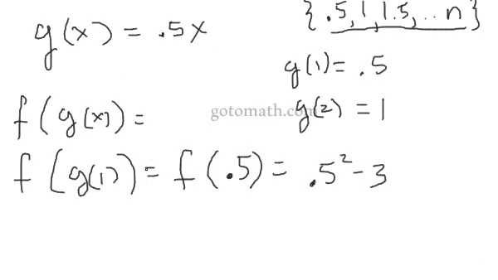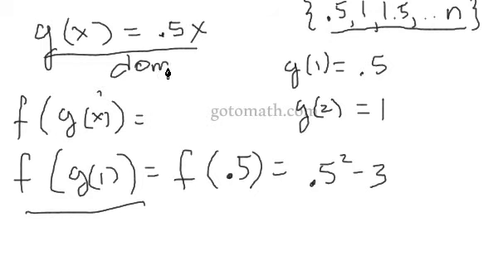Alright. So as you can see here, we're going to use this idea of the composite function. So this stuff here is your domain, right? And the whole thing, once it's evaluated, is mapped to the range.